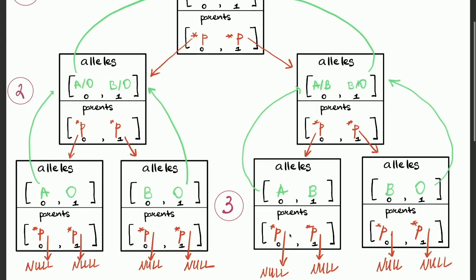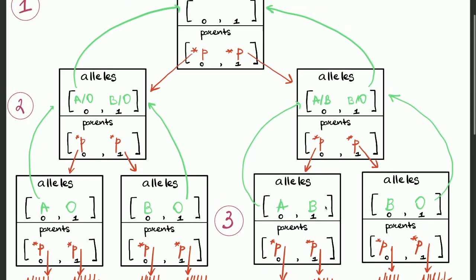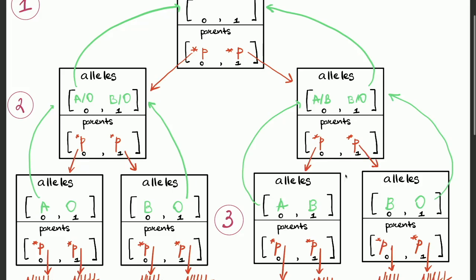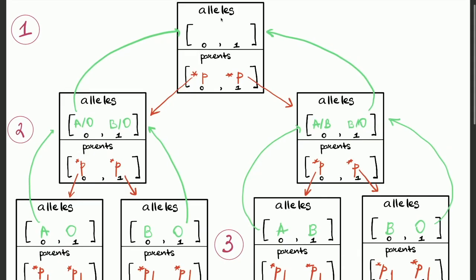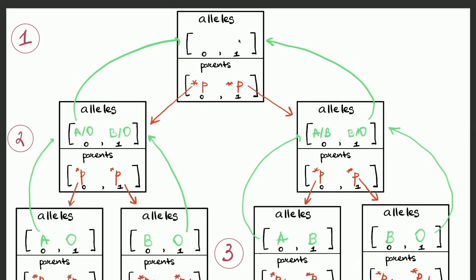I'm going to set the parents of those parents to null, fill out the alleles randomly, and then only once I am done with this person and this person, I'm going to bring it back up to our generation 2 person, fill out their alleles, and bring it back up again to the very first new person that we created.